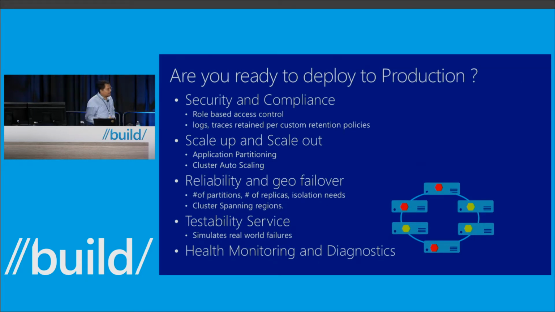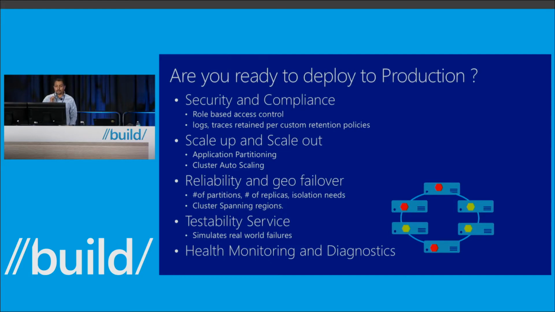So here is an interesting one. Now that you have an application, I showed you that it can be upgraded, and I want to talk to you about the key features built into Azure Service Fabric that will help you deploy your application into production with confidence. 1, security. Security is a very big thing for customers, and for Microsoft it's an even bigger deal.